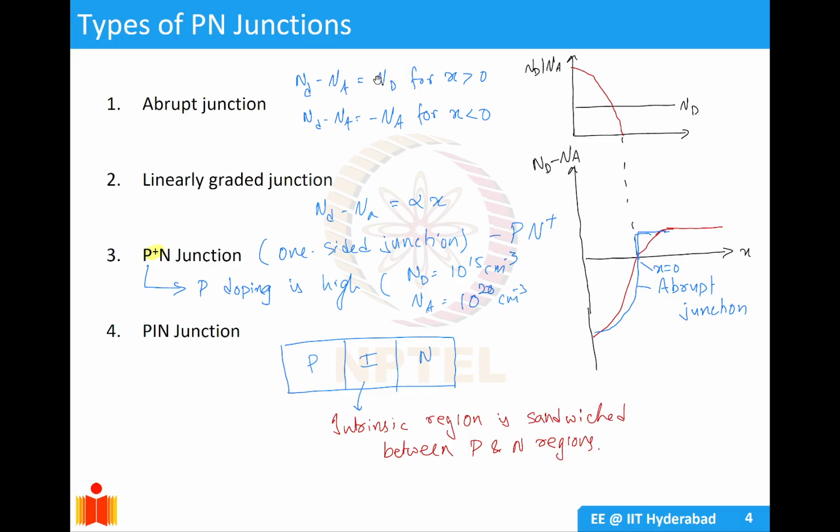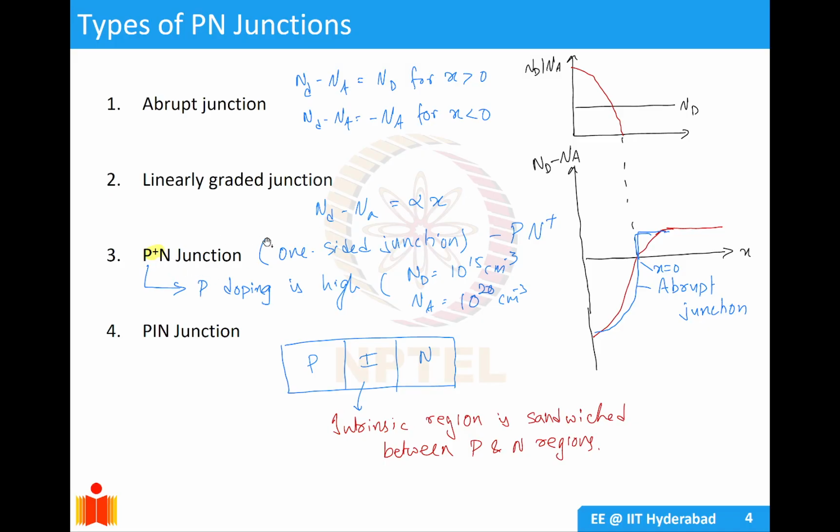You can see for x greater than 0 it's Nd, and for x less than 0 it's Na. Then there's the linearly graded junction, where near the junction region your density is not constant in the P type and N type region, but changes linearly from P type to N type. So your Nd minus Na near the junction region is proportional to x.